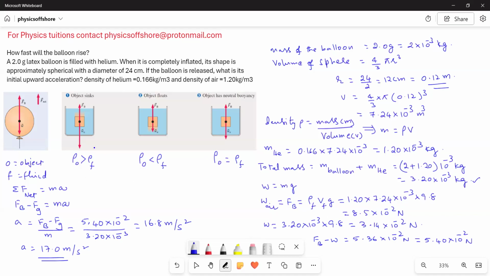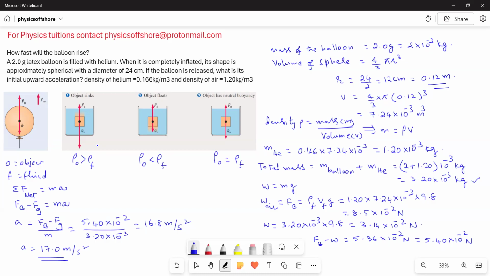According to the Archimedes principle, whenever an object is either completely or partially submerged in a fluid, the buoyant force exerted on the object is equal to the weight of the fluid displaced by the object.